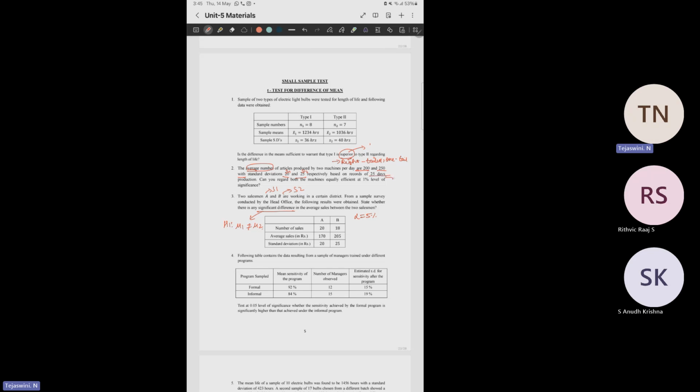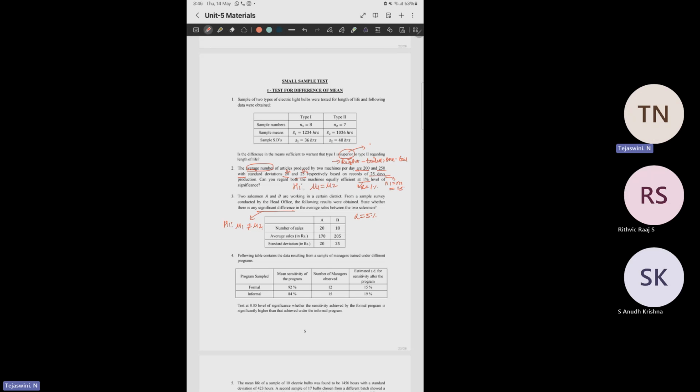So the sample size, that is the number of days, is the sample size for us. So n1 is equal to n2 is equal to 25. Can you regard both the machines to be equally efficient at 1% level of significance? Alpha is equal to 1%. We'll have to check if mu1 is equal to mu2.